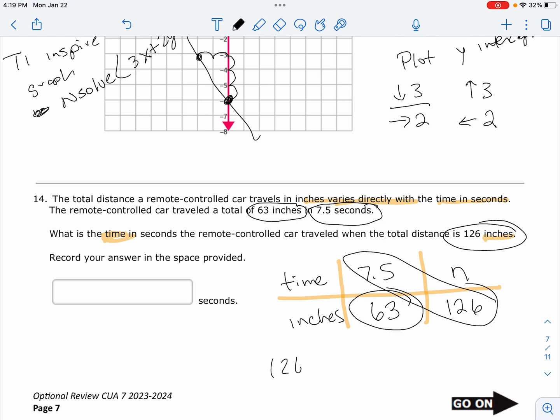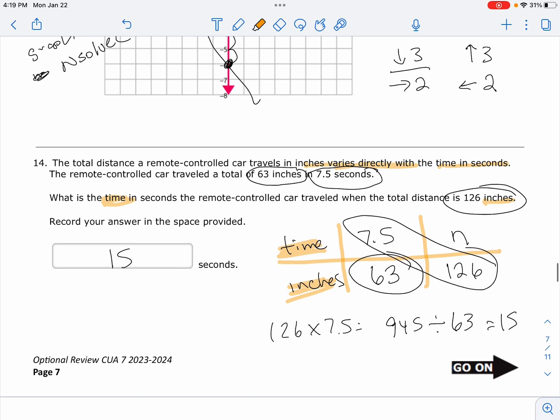So I'm going to multiply 126 times 7.5, and I'm getting 945. And then I'm going to divide that by 63, and I got 15. So the answer is 15 seconds. Labeling is very important.